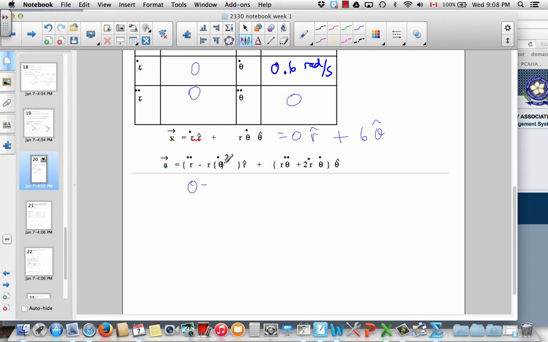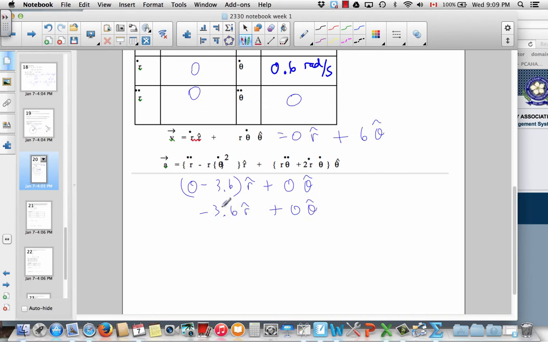So 0.6 squared is 0.36 times 10 is 3.6 radially. And then theta double dot 0, and this is just all 0. So overall, it is minus 3.6 inwards, and then it's nothing in the angular direction.